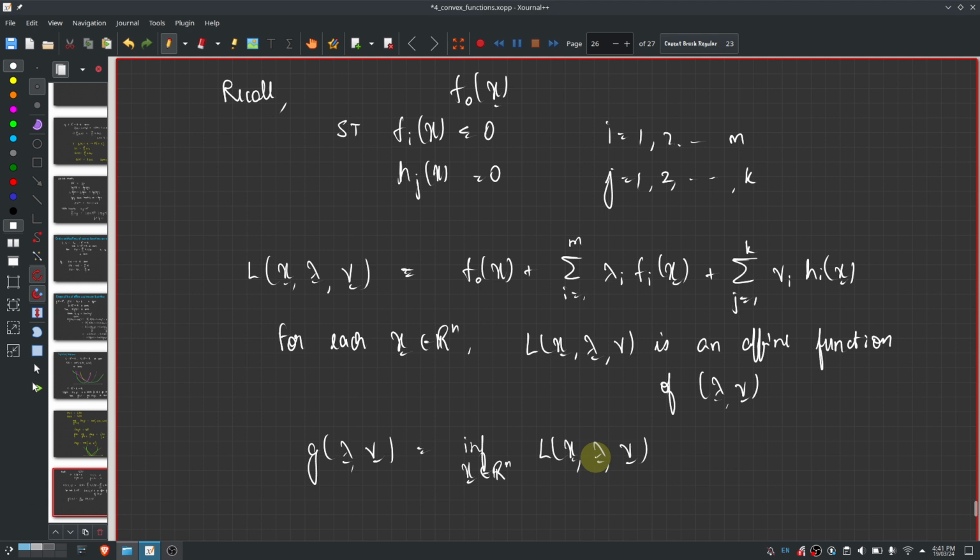In other words, you can think of it as an infimum of concave functions, and the infimum of concave functions is concave. So this is concave. Irrespective of whether f0, f1, f2, all of these were convex or concave, the Lagrange dual function is always concave. So this has a unique maximum. Right, that much is guaranteed.